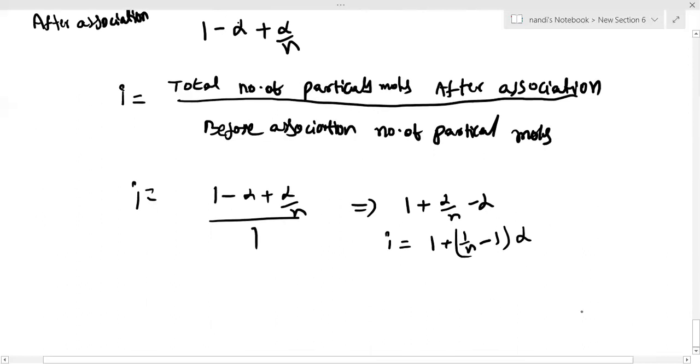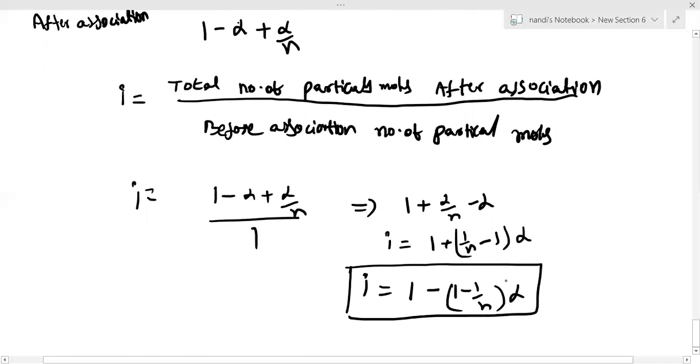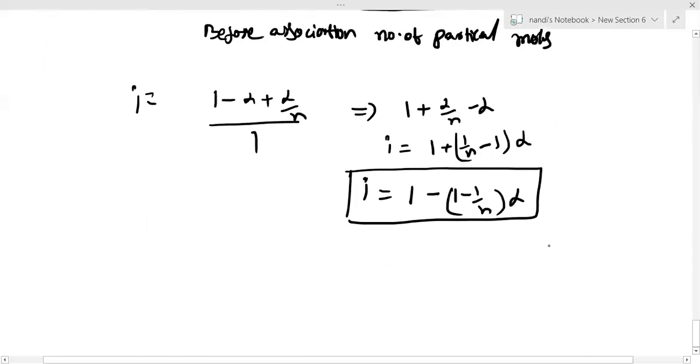Is it correct? We can rearrange it in a very simple way: i equals 1 minus (1 minus 1 by n) into alpha. If you multiply by minus, you get the same equation. This is the Van't Hoff factor i value. Then alpha, separating it out, equals (i minus 1) by (1 minus 1 by n). You can check it.